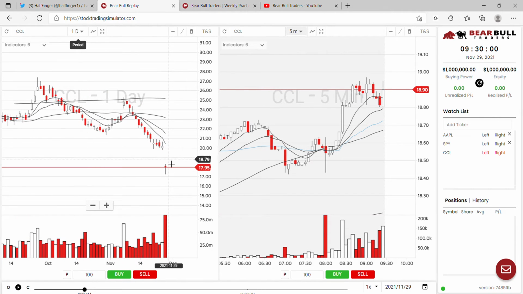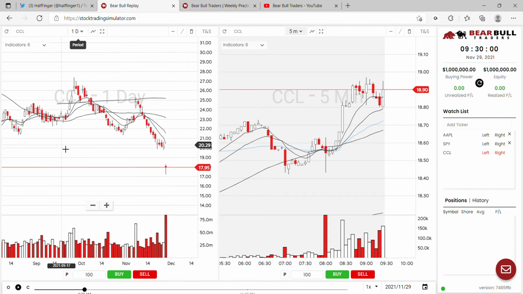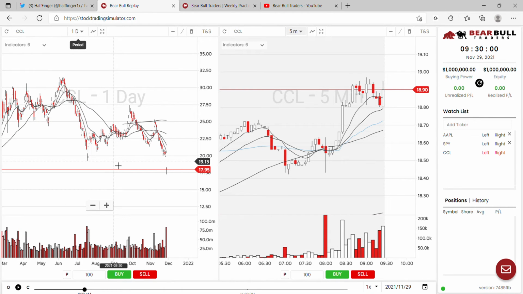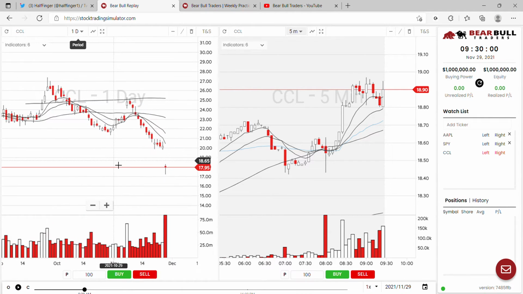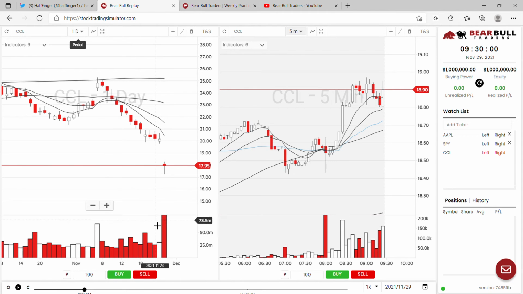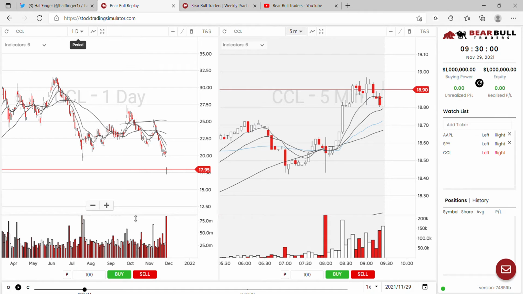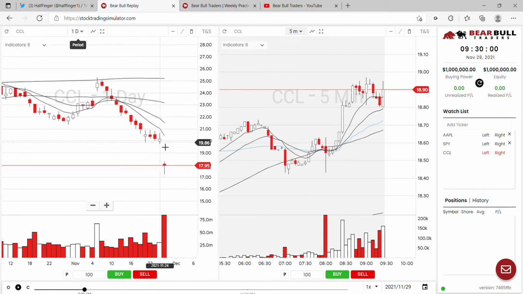This is over 10%, so that makes it a good stock to trade. And you can see the volume here is much higher; you have to go back all the way to July to find volume like this. So that means that the stock is in play.